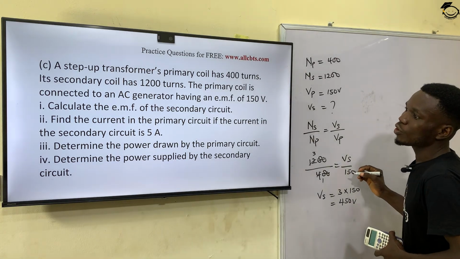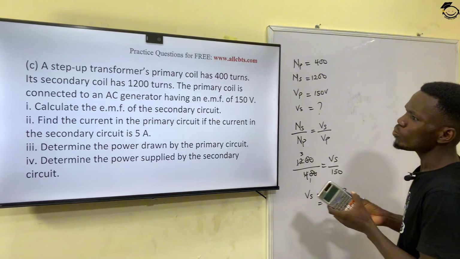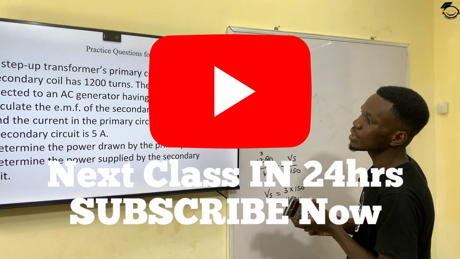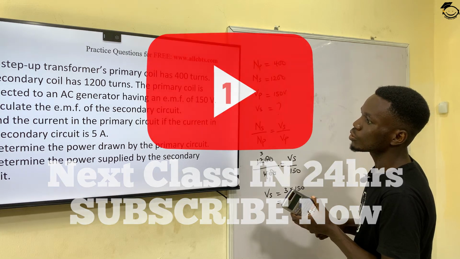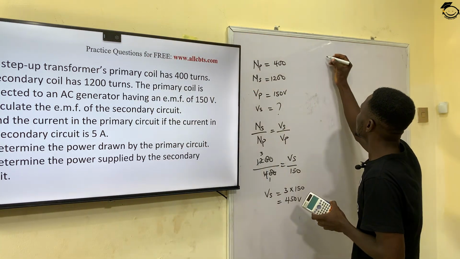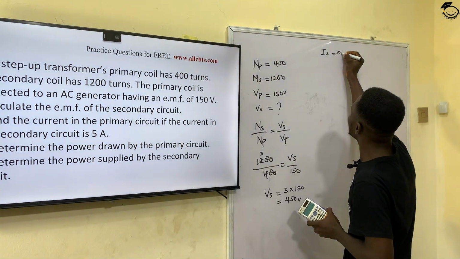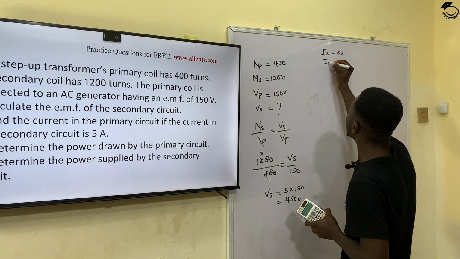Roman figure 2 says, we should find the current in the primary circuit if the current in the secondary circuit is 5 amperes. We have to find IP.